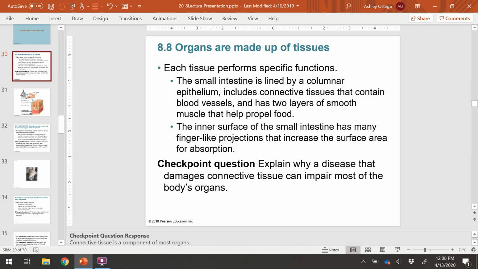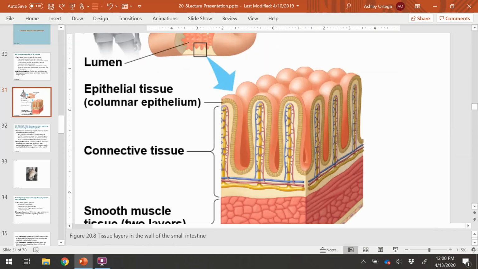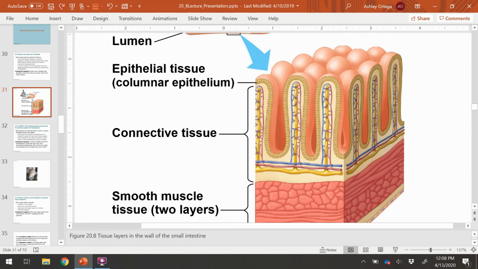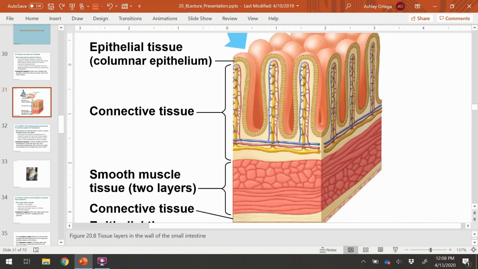And so let's take a look at that here. So you can see in this image here that there are tiny little darkish yellow cells. Those are the columnar cells, and they're forming these projections called villi. And then those villi will help in absorbing nutrients from the food.